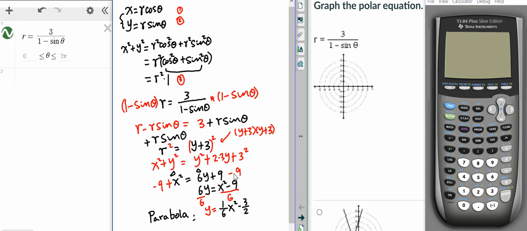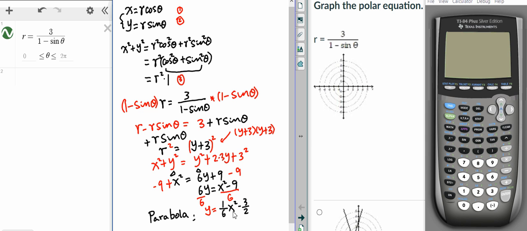Subtract 9 from both sides, and you have 6y standing alone on the right-hand side. The left-hand side is x squared minus 9. Divide both sides by 6. You have y standing alone on the left, equals 1 over 6 x squared minus 9 over 6, which is 3 halves. This would be the equation for the parabola.